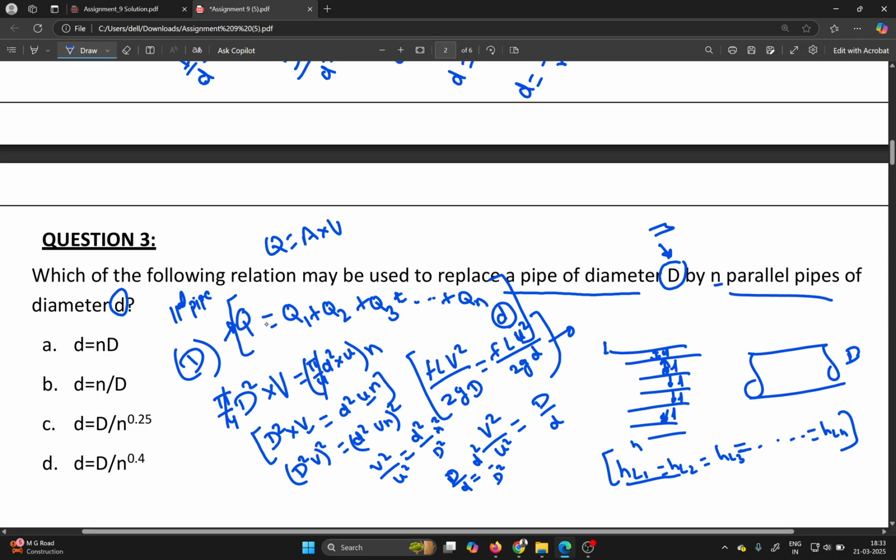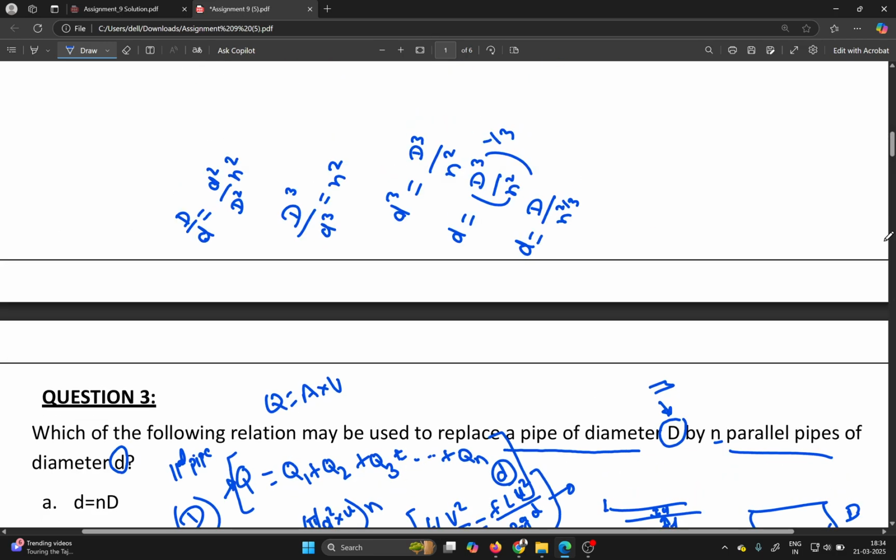So pi by 4 into d square v, area into velocity, n number of. So d square v equals D square U n. Okay, this is correct. So both sides square. Oh, here is square, so d to the power 4. If you square this, d to the power 4, here also 4.